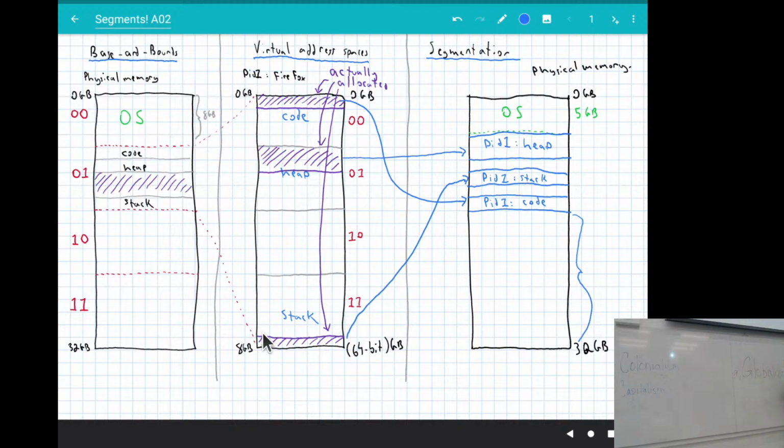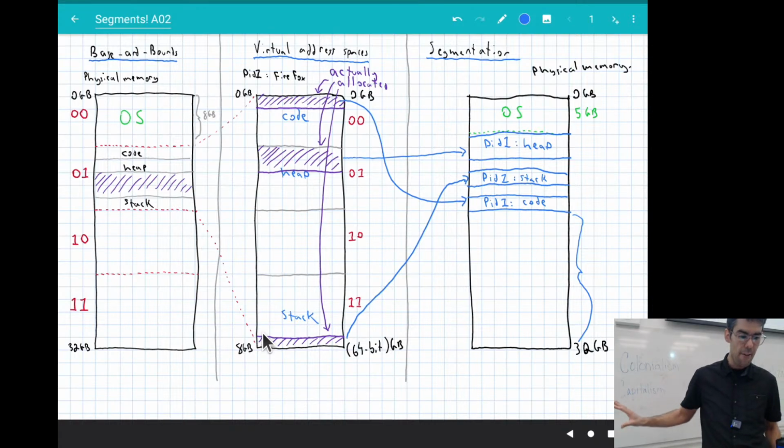The sizes of these can change. So I can have a bigger heap than I have a stack. I can have a bigger code section than I have a heap. I could have a bigger stack than I have code and heap sections. They vary in size. And I've got a bunch of extra free space that I otherwise did not have access to.